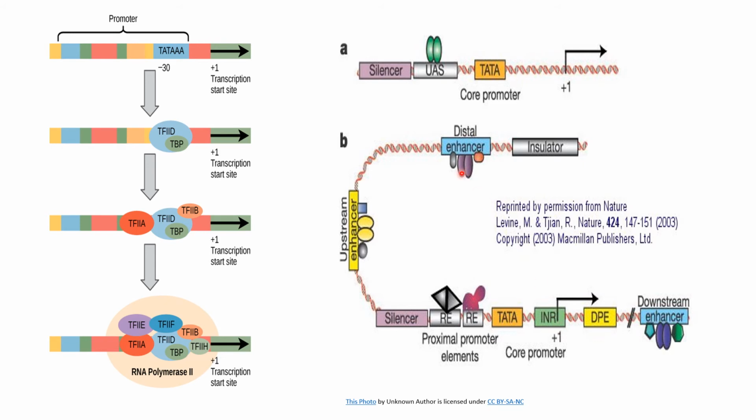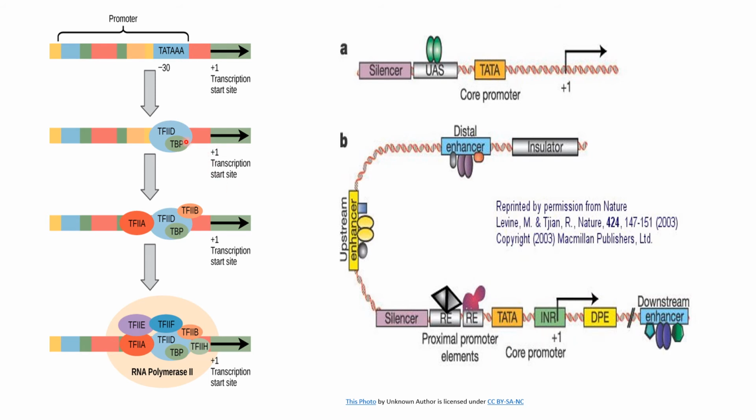Different transcription factors attach to their specific promoter elements. These elements may be response elements. These response elements are thousands of base pairs away from the transcriptional start site, and they are responsible for the initiation of gene expression.